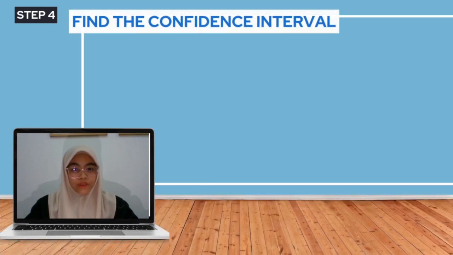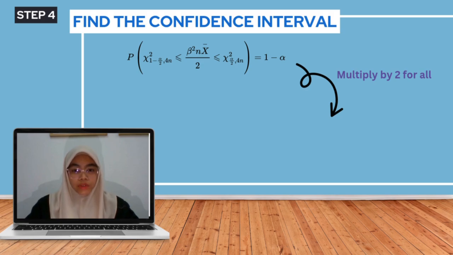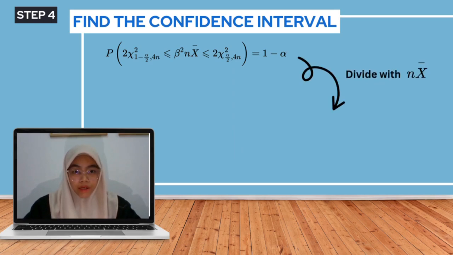So, to find the confidence interval for beta, we need to multiply by 2 for all the chi-square terms. And then we get P(2 chi-square 1 minus alpha over 2, 4n less than beta squared n x bar less than 2 chi-square alpha over 2, 4n). After we multiply by 2, we divide by n x bar.